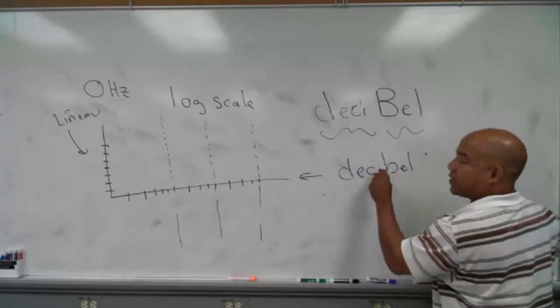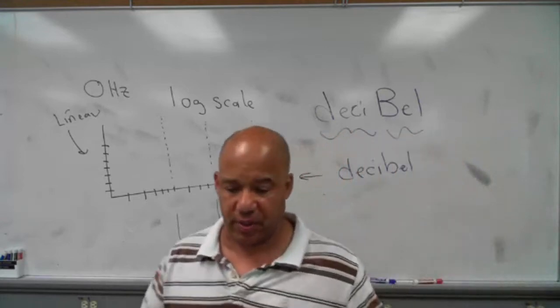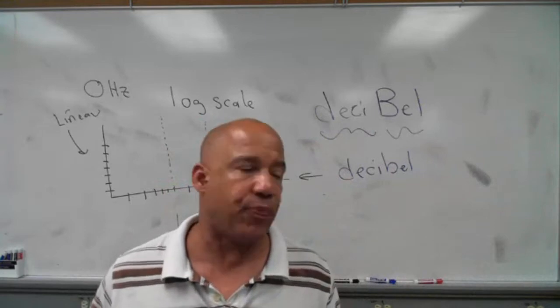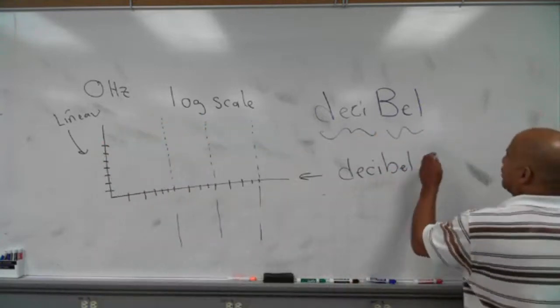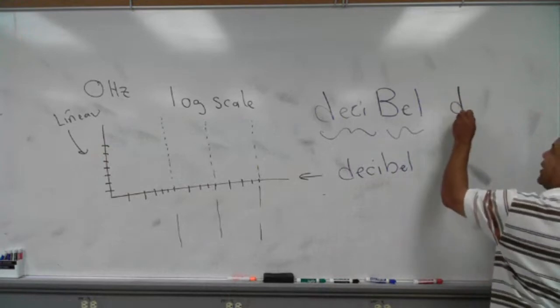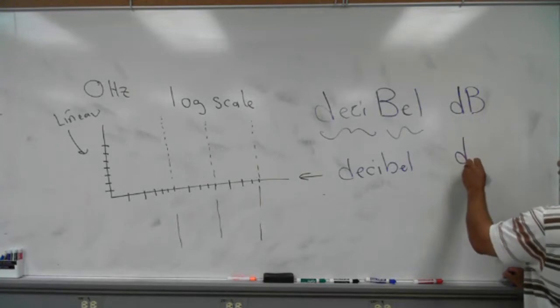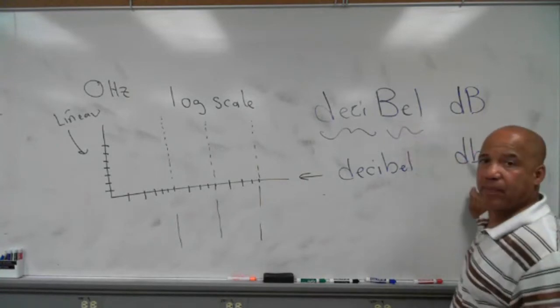You might have seen that unit before. It's a unit where you compare powers together using a ratio, the decibel. They write this either as a lowercase d and an uppercase B, or I've seen it as a lowercase d and a lowercase b. They shorten decibel to dB.